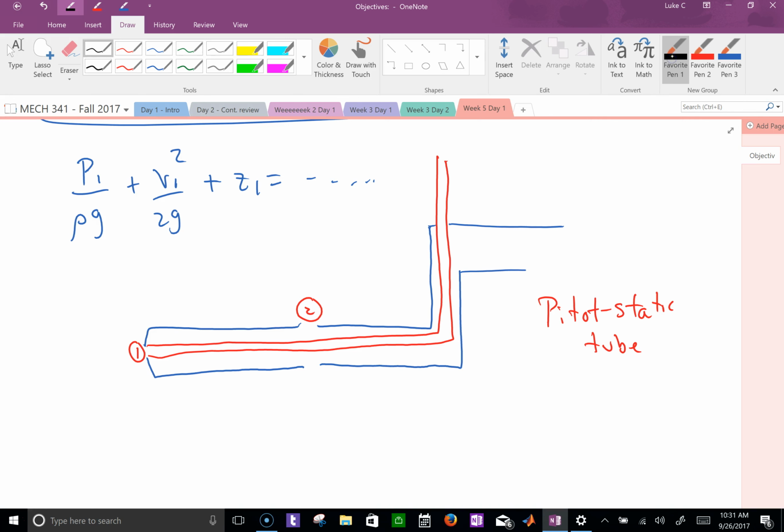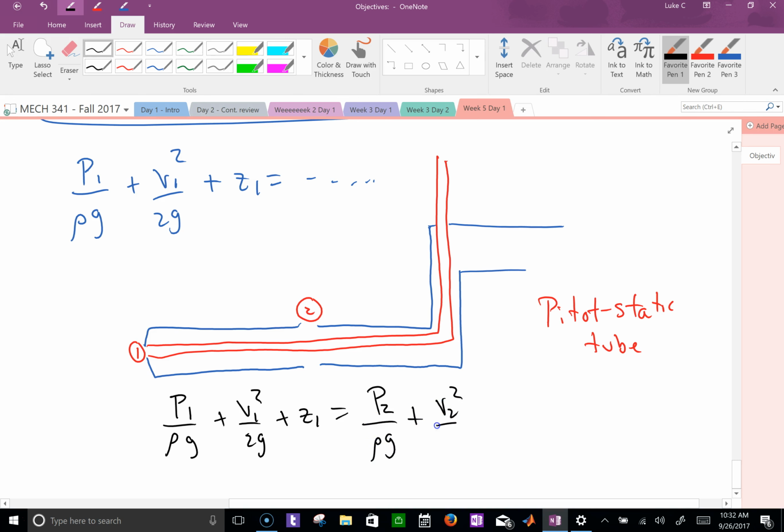So let's write the Bernoulli equation out, and we'll do it in this form. Does anybody know why these holes right here have to be this far back?